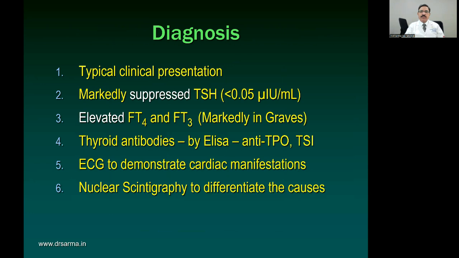Elevated FT4 and FT3, markedly elevated in Graves. Thyroid antibodies, anti-TPO and TSI antibodies particularly. ECG to demonstrate atrial fibrillation, tachycardia, left ventricular enlargement, and the echo shows a hyperdynamic heart with increased ejection fraction. Scintigraphy, of course, to differentiate the causes.